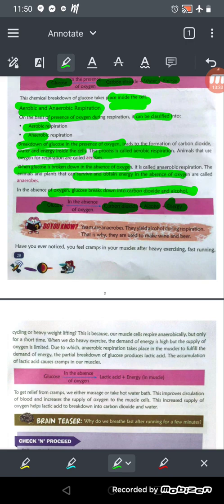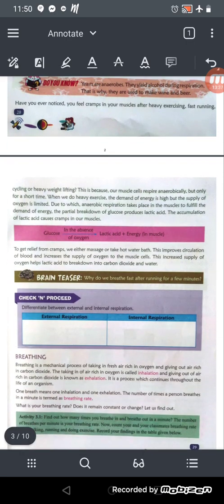Now see here, yeast are anaerobes, and we use yeast for baking, for the production of bread or pizza and all. In bakeries, the use of yeast is a must. Also in the production of alcohol.